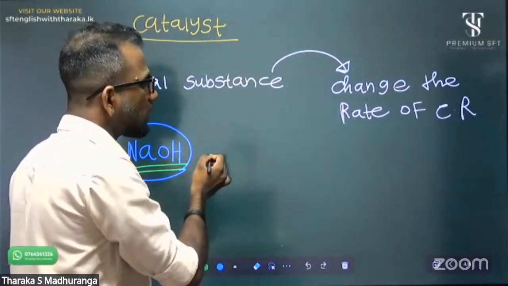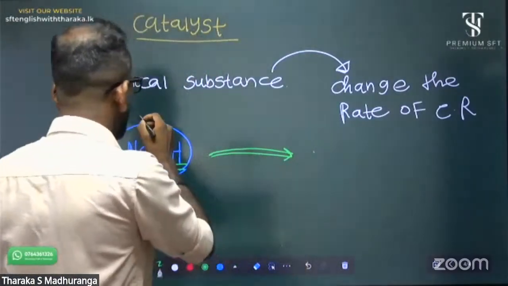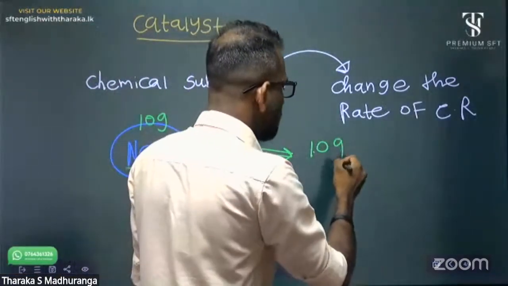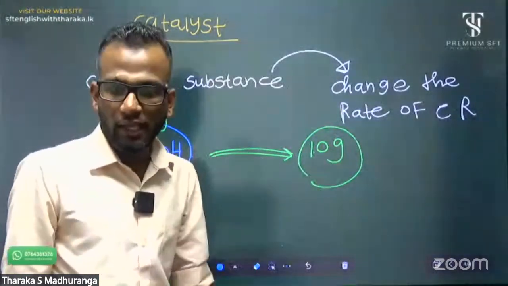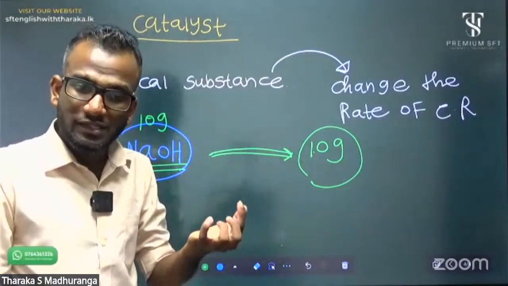At the end of the chemical reaction, this sodium hydroxide, think if you add 10 gram of sodium hydroxide, we can separate the 10 gram at the end of the chemical reaction. It does not participate in the reaction. If it participates, it's not a catalyst, it's a reactant.